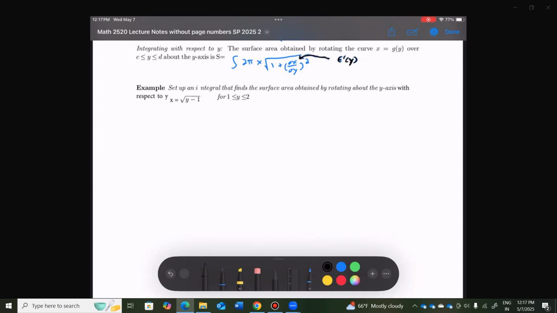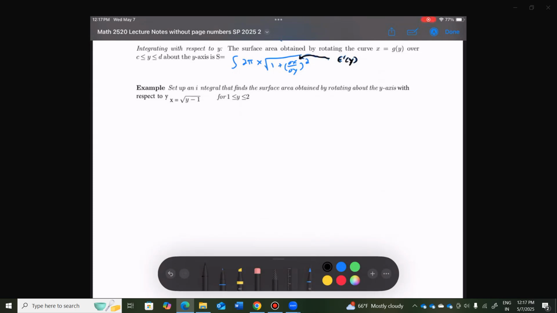Alright, so let's say we want to set up an integral that finds the surface area obtained by rotating about the y-axis, with respect to y, for the function x equals square root of y minus 1, for y from 1 to 2.